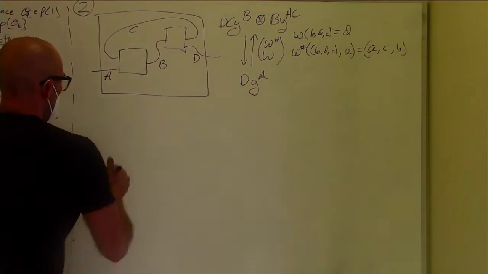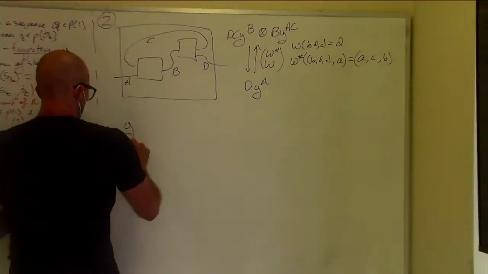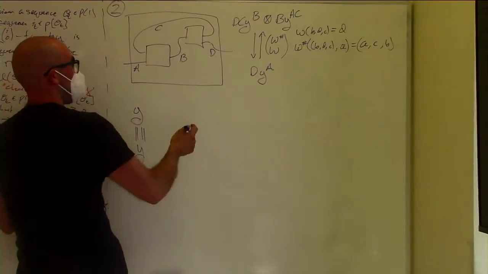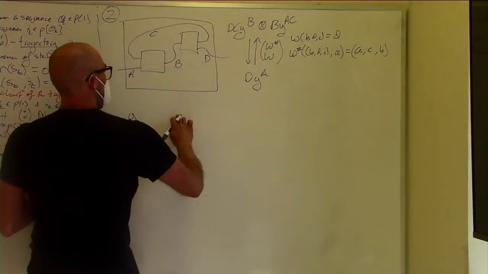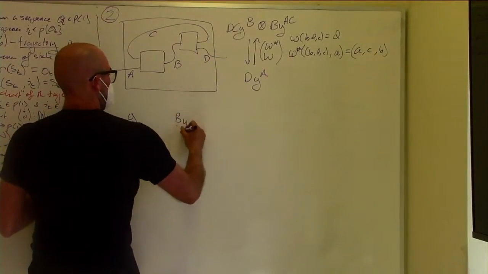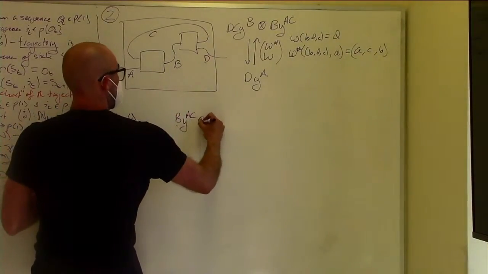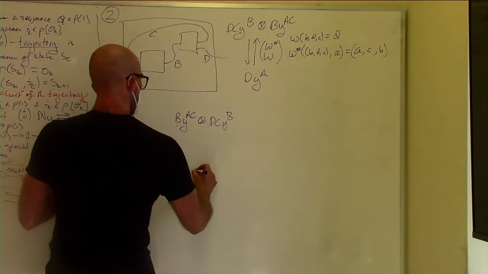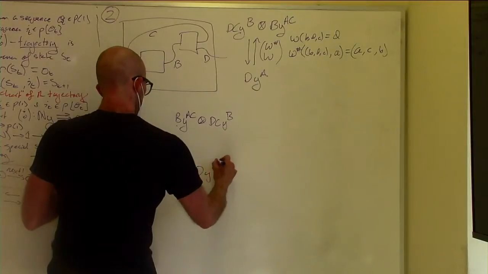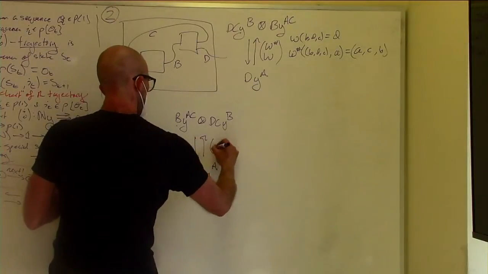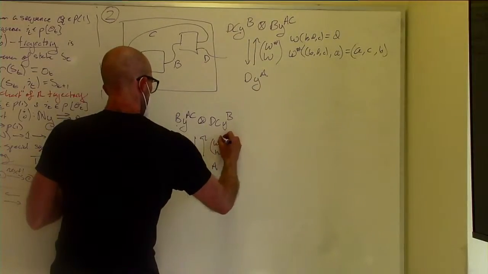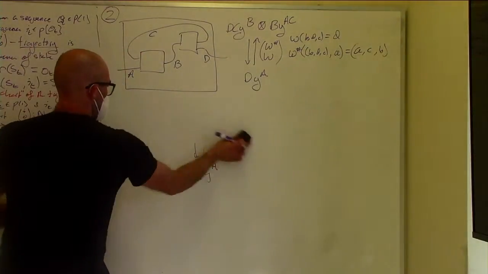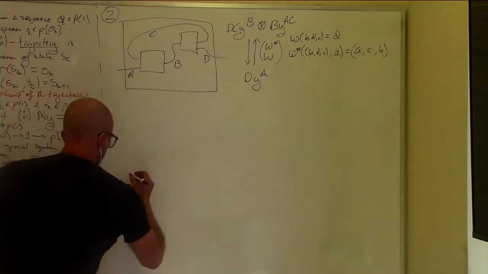So let's see what a square of this form is for this diagram here. I'll take this opportunity to write it in the right way. I actually want to write it below.